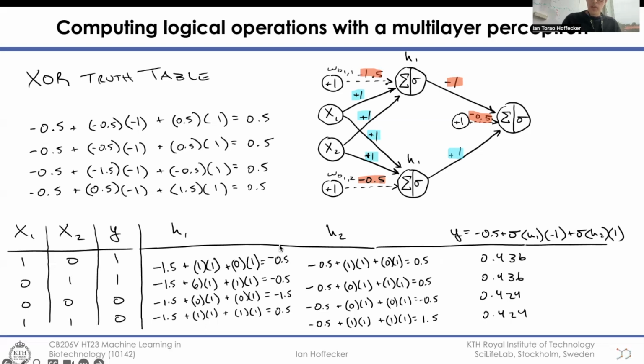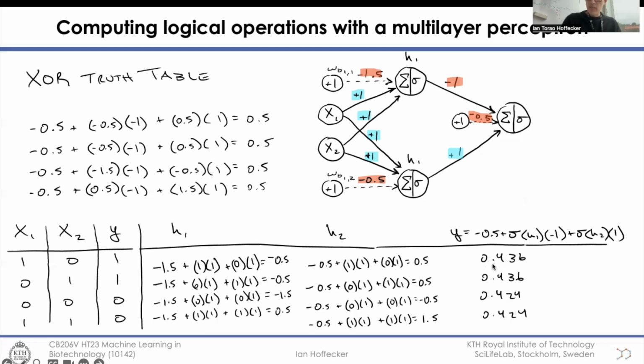If we feed these through a sigmoidal activation function, then we now have the inputs needed to compute the summation for the output. That's going to be calculated by its bias, minus 0.5, plus these two sigmoidal results, each weighted by their connecting weights here.